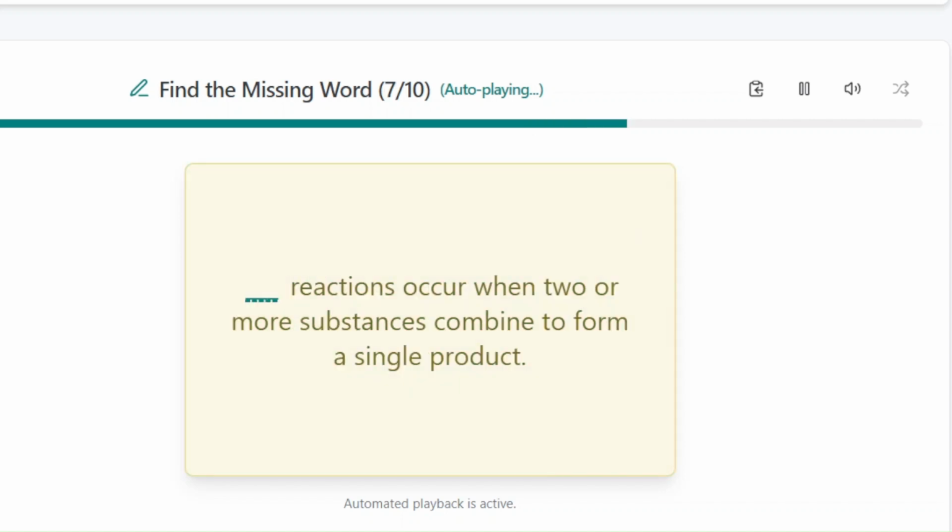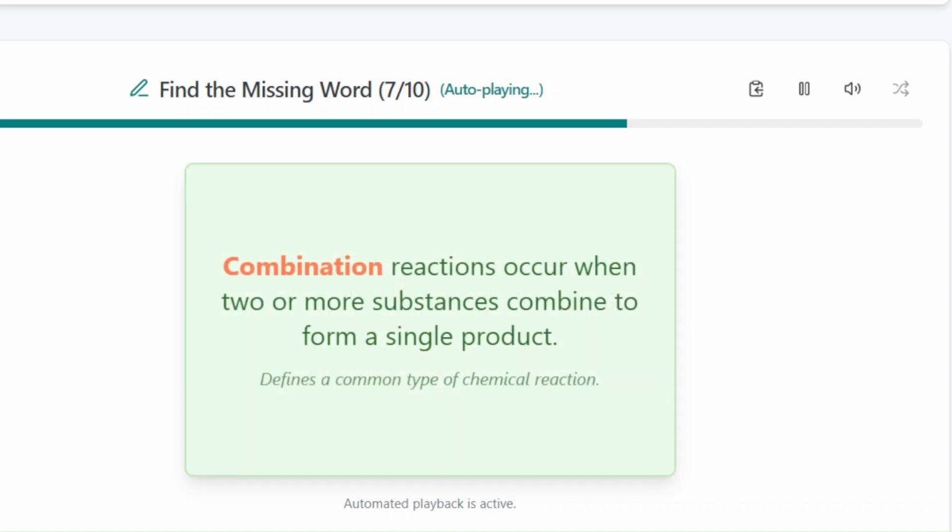Dash reactions occur when two or more substances combine to form a single product. Combination. Explanation defines a common type of chemical reaction.